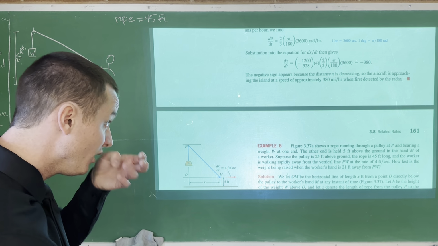We know that our rope is 45 feet. Let me use r to represent this portion of the rope. Why do we need to know the length of the rope? Because y plus r equals 45. Because the longer our rope is, the more shallow the angle he's pulling at, the less rise there's going to be per unit that he's pulling that way.